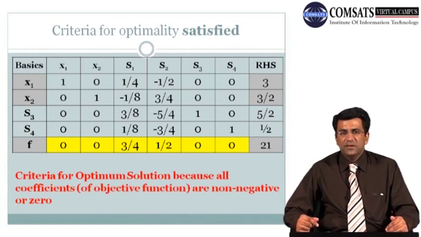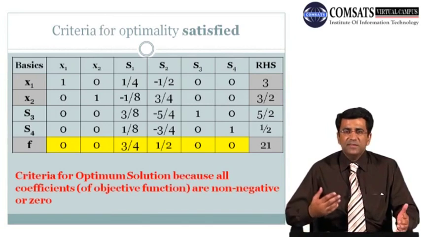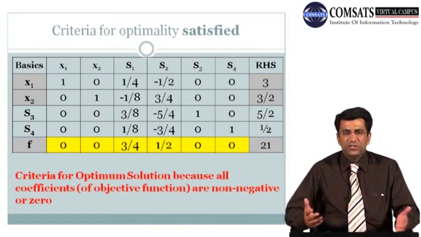Now in the next table, we will replace this leaving variable by the entering variable, and we'll have to find the new pivot row, and find the other rows by using the two different formulas we have just discussed, and we will refill the table. And these steps will be continued until we have the optimal solution.